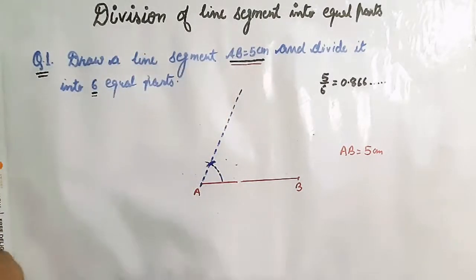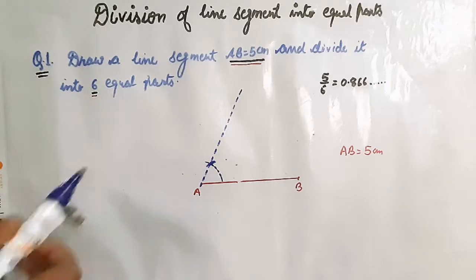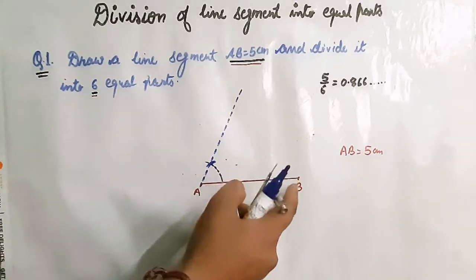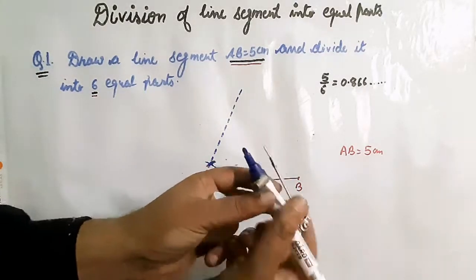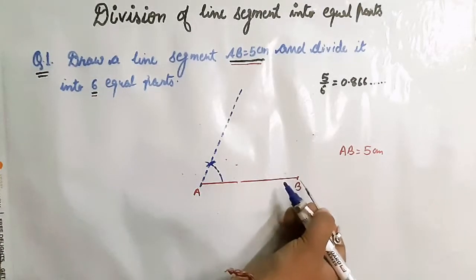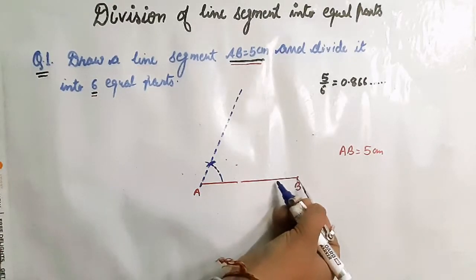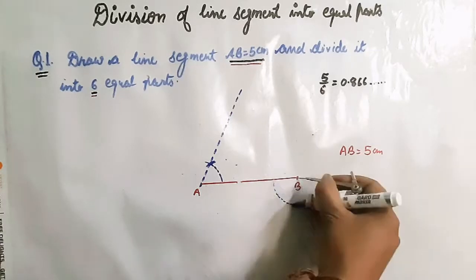The same angle you have to draw below point B. But remember, one is upwards, the other you have to draw downwards. So open your compass a little, take center as B and draw an arc.